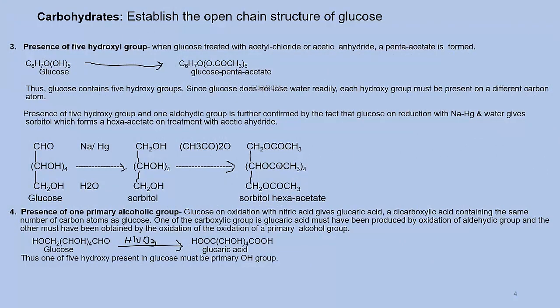5-hydroxy group in glucose molecule. When glucose is treated with acetyl chloride, CH3COCl, or acetic anhydride, (CH3CO)2O, a pentaacetate is formed.